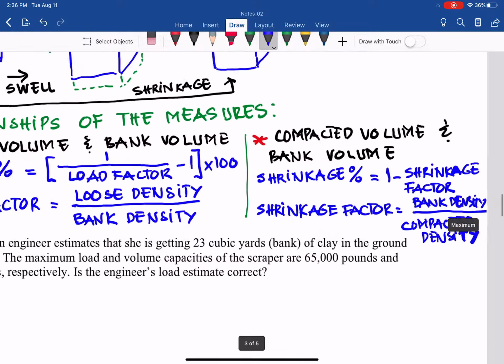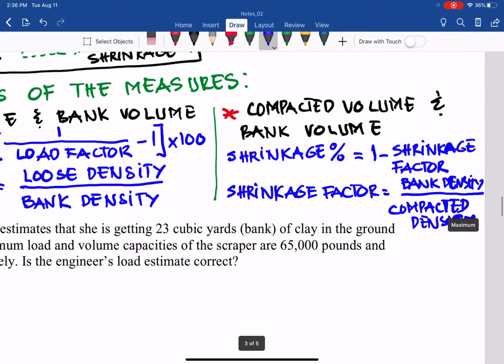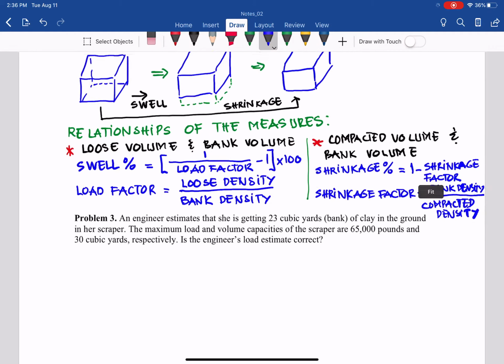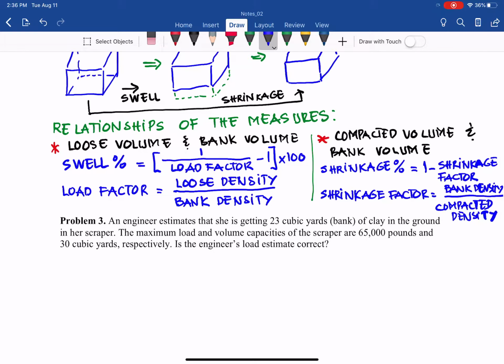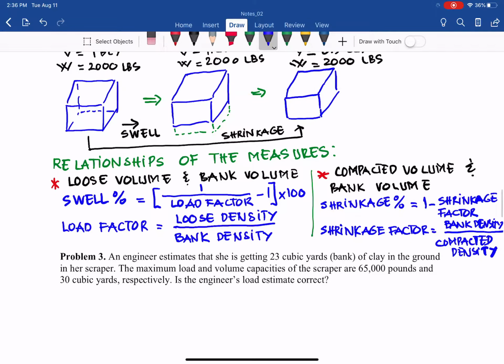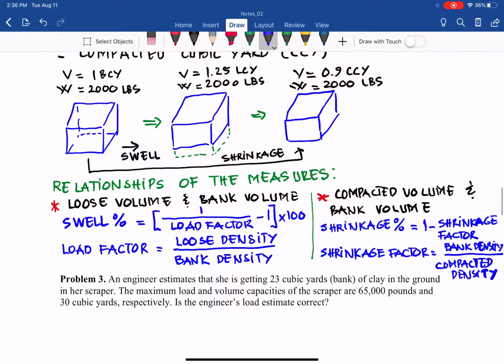And except for rock, the bank density tends to be less than the compacted density, so the shrinkage factor tends to be less than 1. But for rock, after you disturb and blast it, regardless of how well we compact the material, the volume will not be as much as the original volume of the rock. So for that reason, the shrinkage factor for rock tends to be greater than 1. We will go back to that table to show you later on.